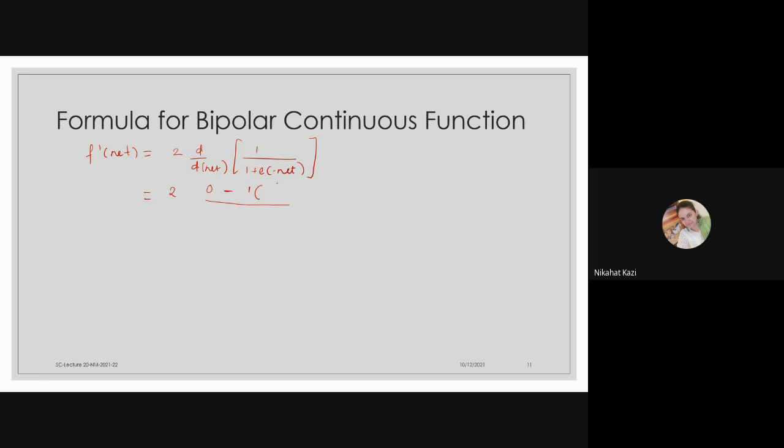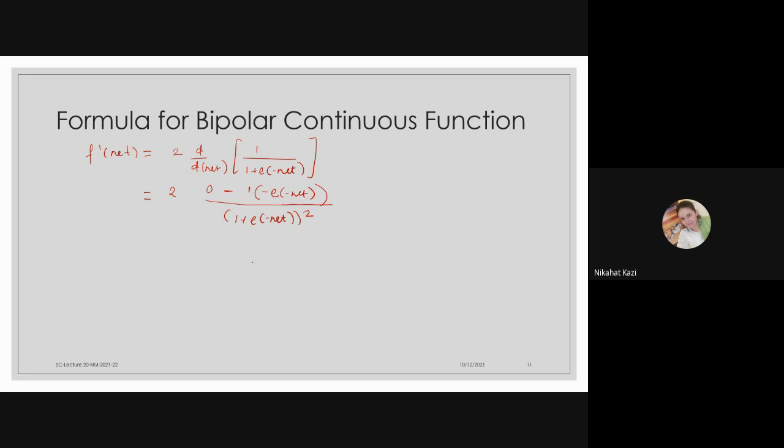What is the derivative of this term? First is a constant, so it's 0. e raised to minus net. What is the derivative of e raised to minus net? Minus e raised to minus net. And then v divided by v square, so 1 plus e raised to minus net, the whole square.